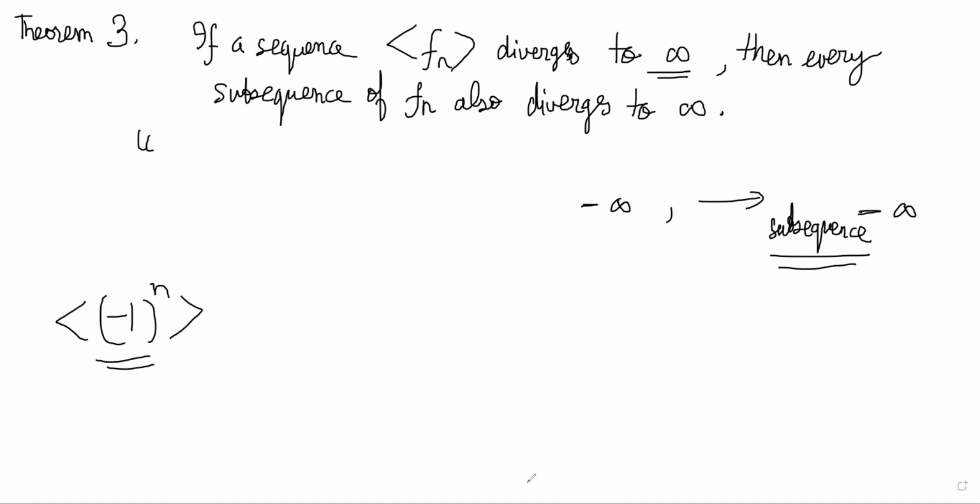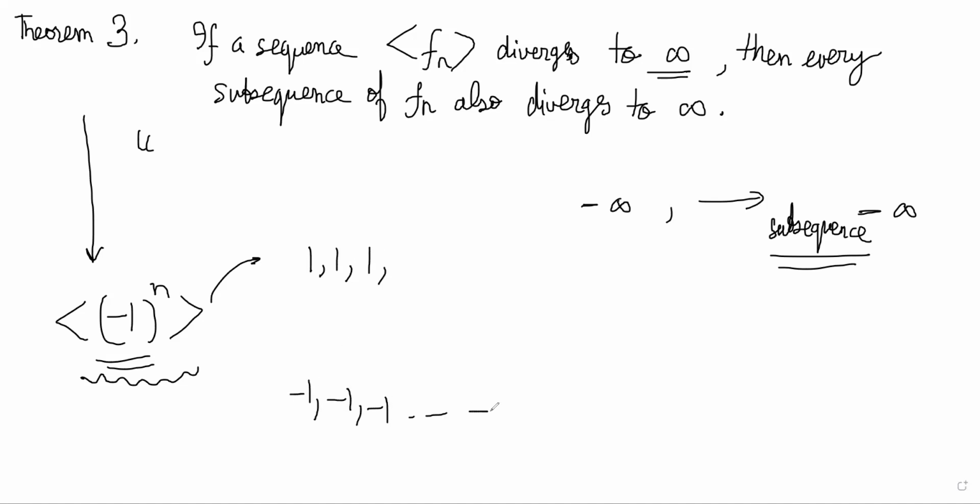So theorem 3 doesn't apply to this one, because there are subsequences which converge to 1 and -1. There are two subsequences converging to finite values. The reason this sequence diverges is because those limits are not the same.